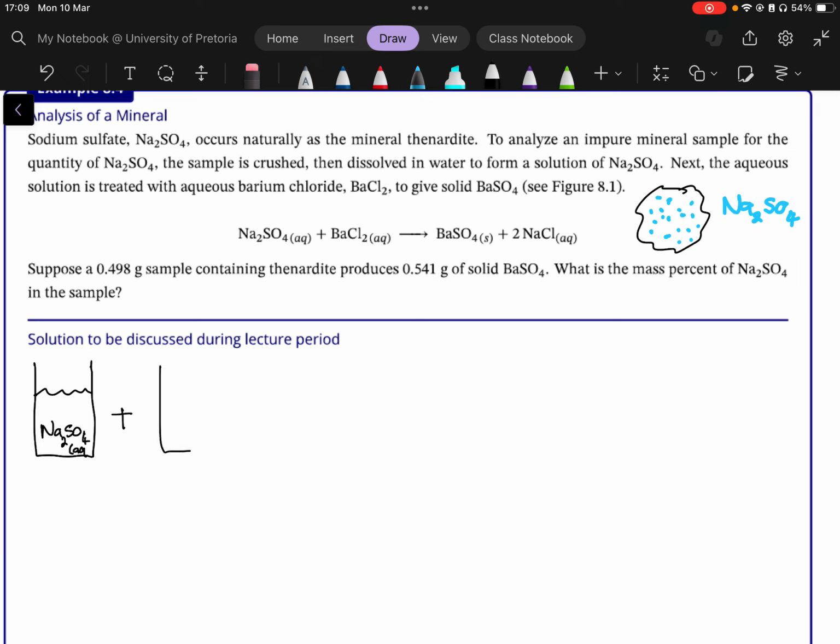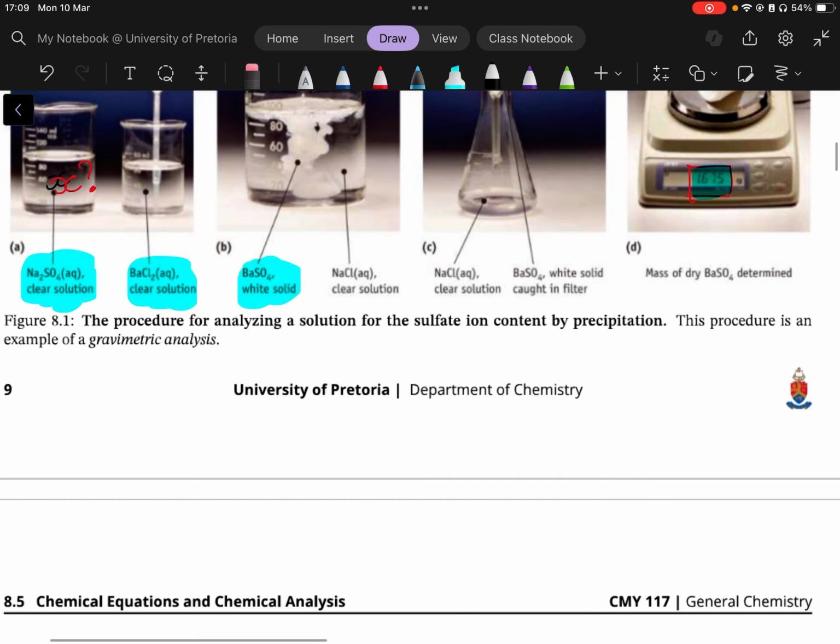And to this, we add a solution of barium chloride, also aqueous. And what then happens? It gives solid barium sulfate and sodium chloride, a clear sodium chloride solution.